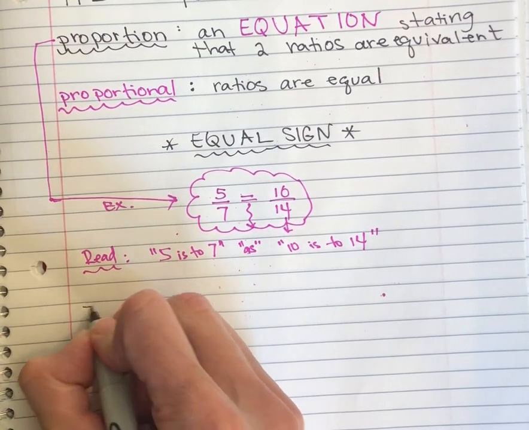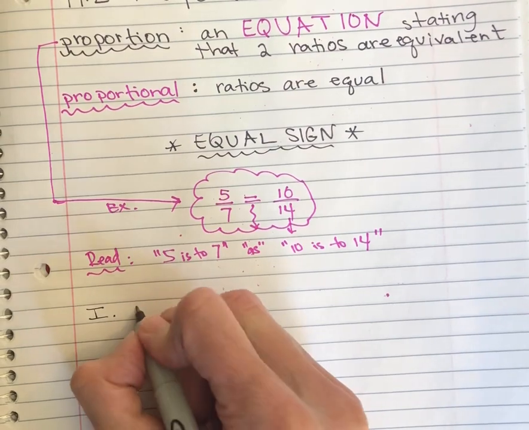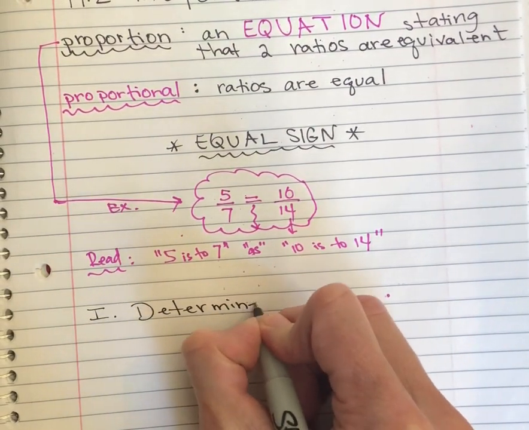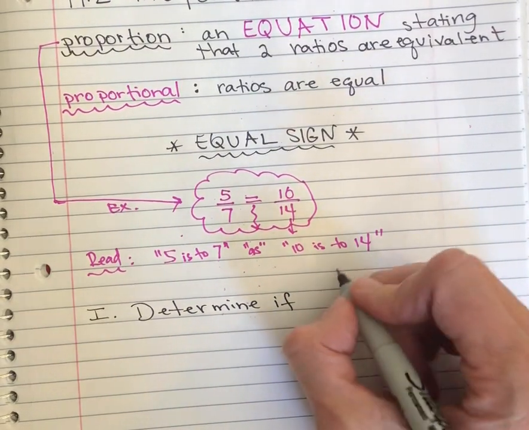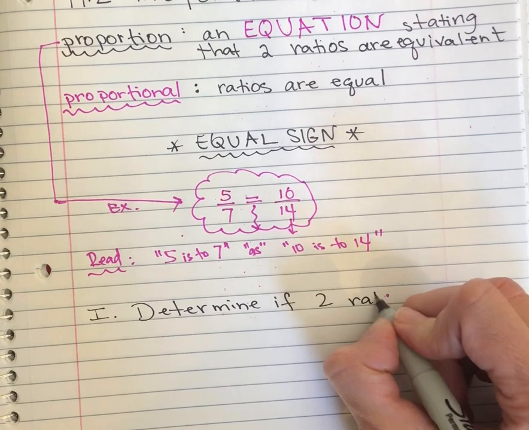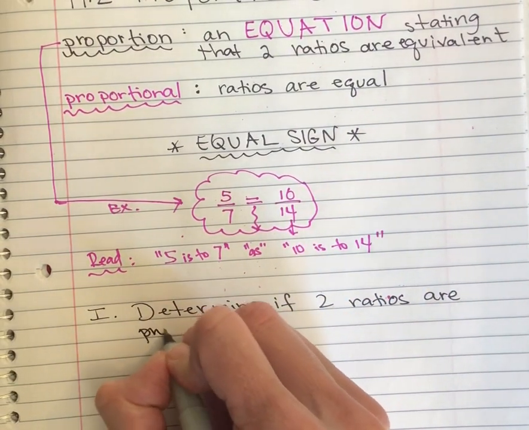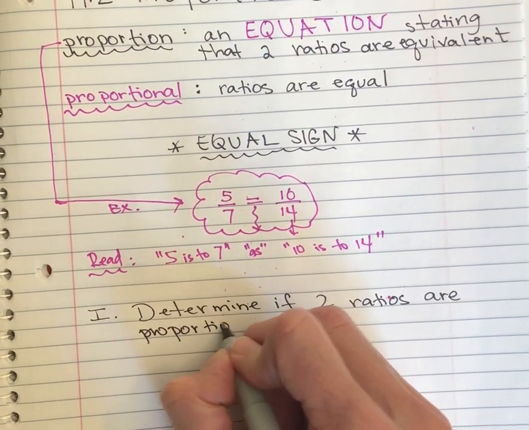So part 1, it's going to give us a set of ratios, and our job is to determine if the two ratios are proportional. Okay, red alert.